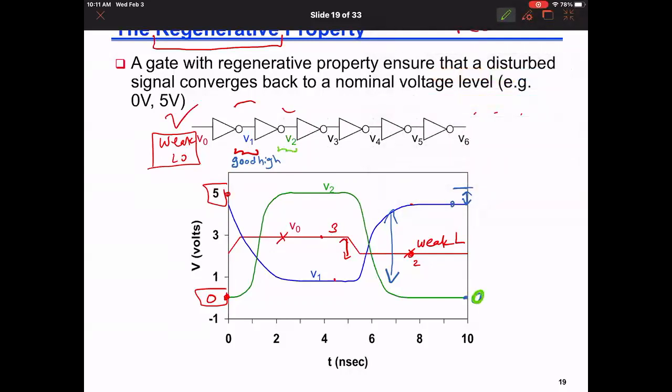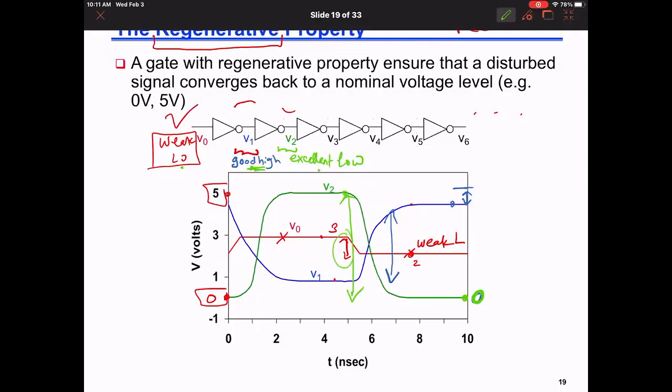So the next stage, the good high, gave me an excellent low. The weak low was inverted to a good high, which was inverted to an excellent low. So now you can see that signal V2 gives me a perfect 0 and a perfect 1, and it managed to recover from the small range here to a large range.